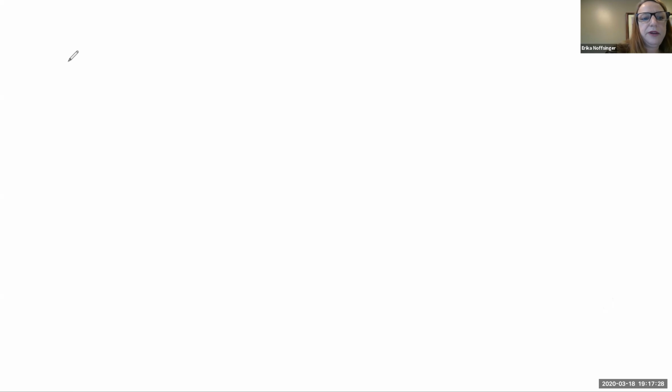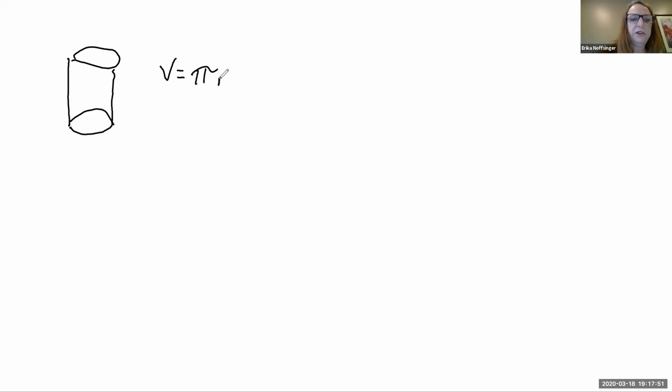Okay, so basically we have this cylinder, and we're given that the volume is equal to pi r squared h. So we have our radius R, we have our height h.